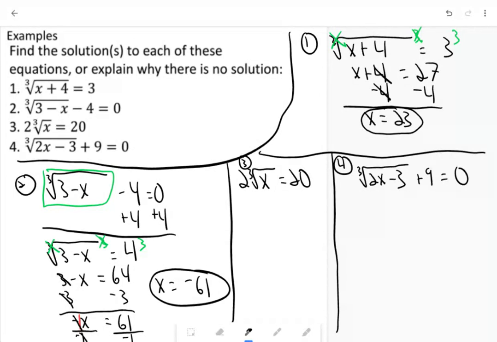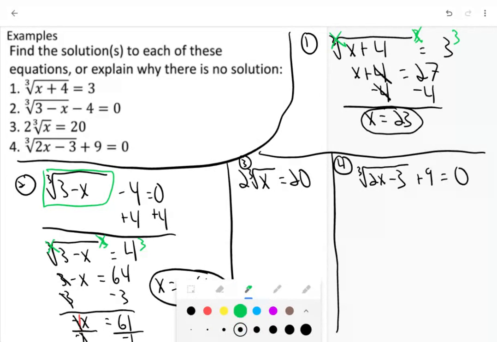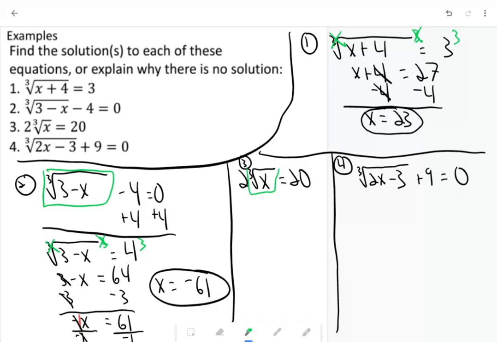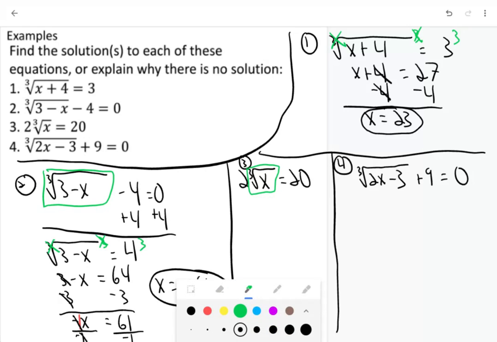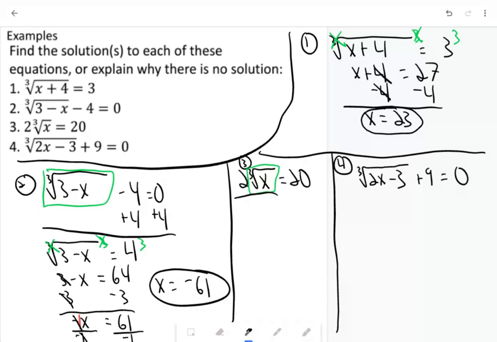Number 3, we do have some isolating that we need to do. So I have to get rid of that 2. Since that's being multiplied, I'm going to get rid of it by dividing both sides by 2. So I end up with the cube root of x equals 20 divided by 2. So that's going to be 10.